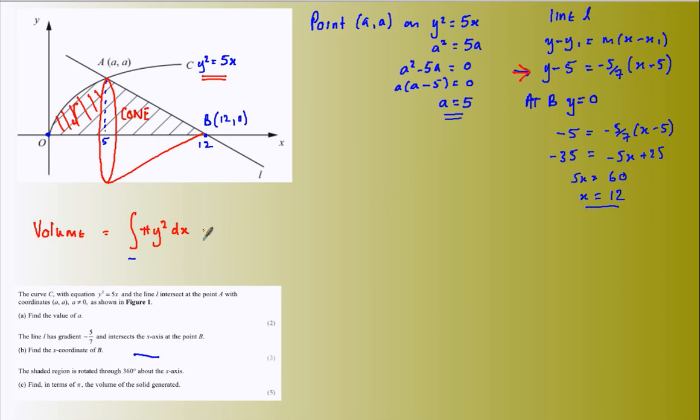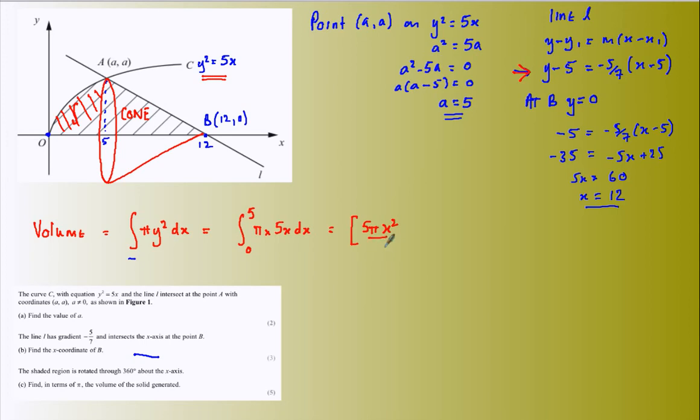Okay, so first of all, for this bit here, the volume is the integral between 0 and 5 of pi, now y squared is easy, that's just 5x dx, and 5 pi is just a multiplier, it's going to sit there.